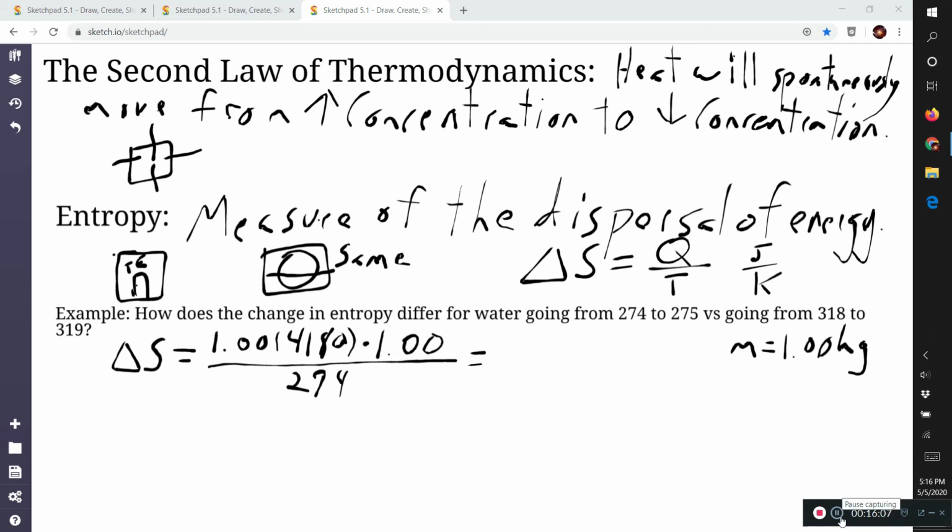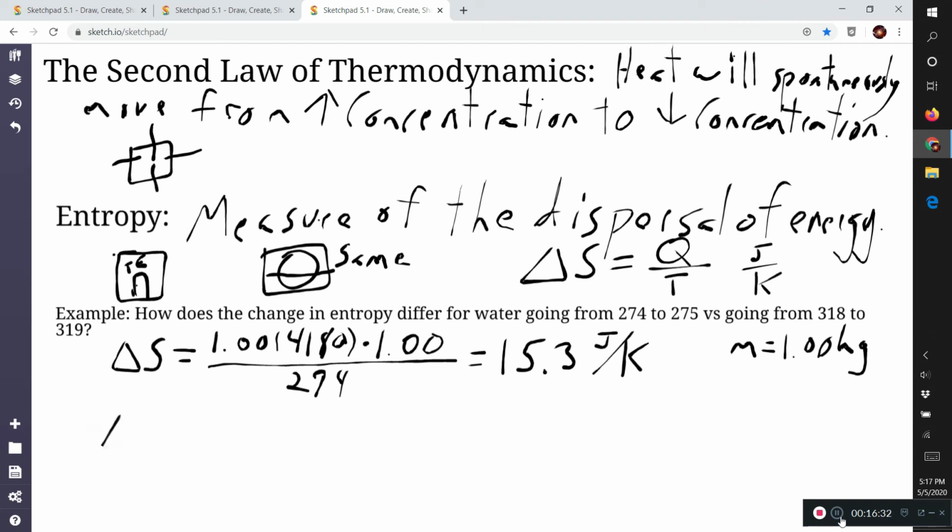The change in entropy at that particular transition from 274 to 275 is, with 3 sig figs, 15.3 joules per Kelvin. So we can think of that as every 1 degree change in Kelvin yielding 15.3 joules difference of thermal energy in the form of heat.